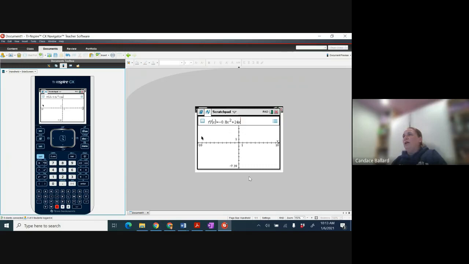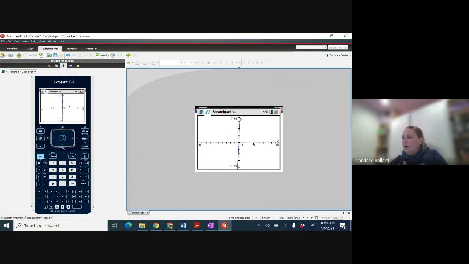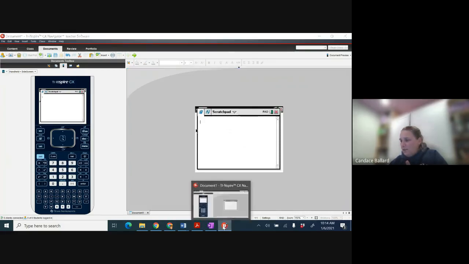And be careful, if you do an x in one spot and a t in the other spot because you're copying it, it will probably throw an error at you. Then go ahead and hit enter as soon as you've got that done. I'm really not worried about where the graph is. I'm probably not going to use the graph. I'm entering it there so I can go back to the calculator page and do calculations. Okay? So let's go read what that first question is that I need to do.